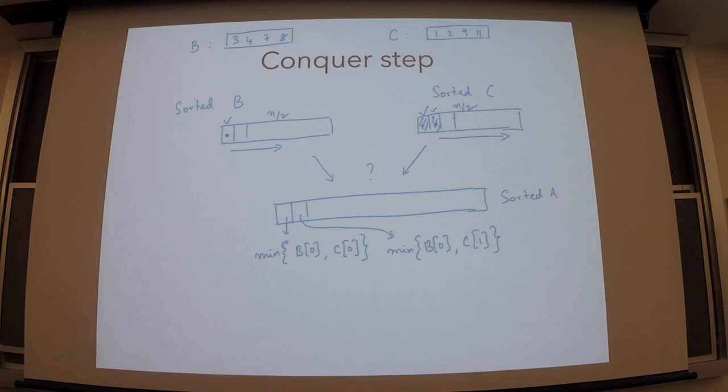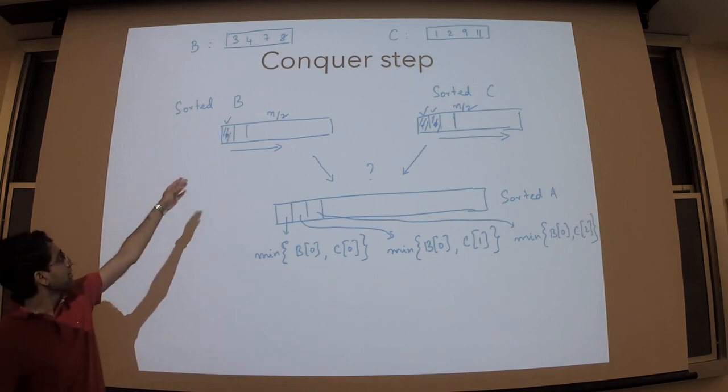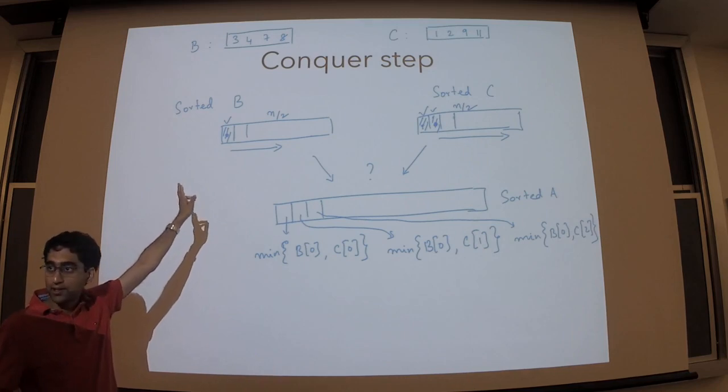So the next element is min of, again, these. So now finally B of 0 would get picked as the minimum one, and then from now on you start comparing with B of 1.